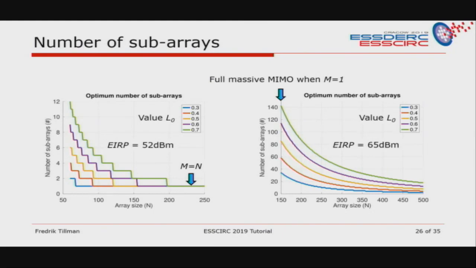As you can see on the left-hand side, for a subarray with an EIRP of just 52, it's actually most advantageous to have just the pure analog subarray. For the whole system, you have M equal N. That means you have just one digital stream, and then you have all the splitting in the analog domain. You have basically a phased array system. So you go between these two extremes, and it connects to the split you're having in the antenna and the EIRP you're trying to achieve, and you have these trade-offs.